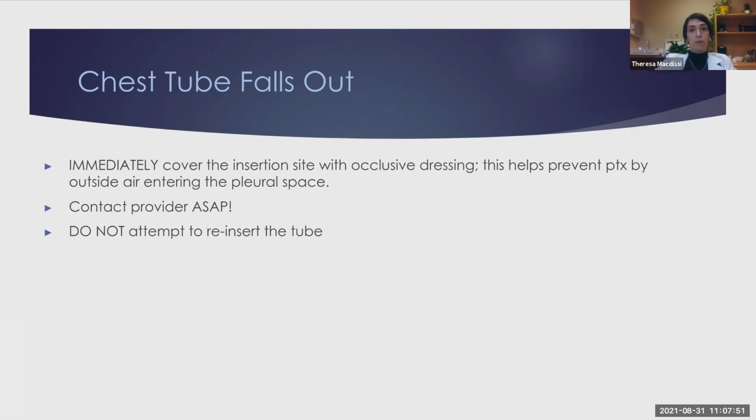This is going to help prevent outside air from entering into that chest interpleural space and causing tension. After you get that covered, you want to contact the provider. They probably need another chest tube placed, and that'll be pending orders from the provider. What you do not want to do is try to shove the chest tube back in. So please do not ever do that.